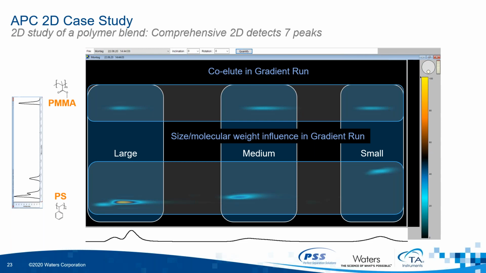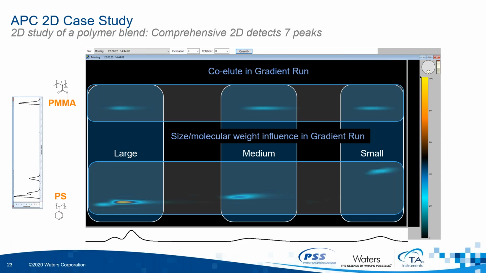Under these conditions, you see all PMMA fractions coeluting in the gradient run, while the polystyrene fractions are slightly shifted. Polystyrene elutes here in SEC mode.